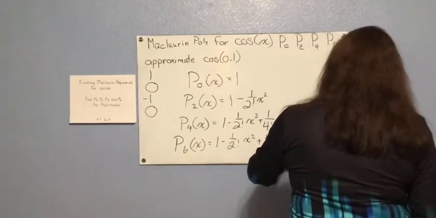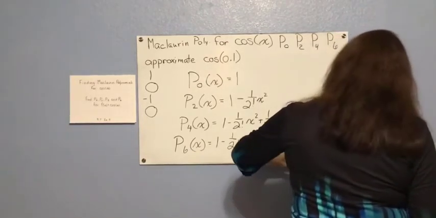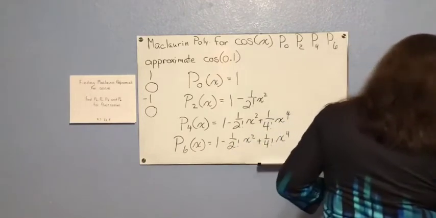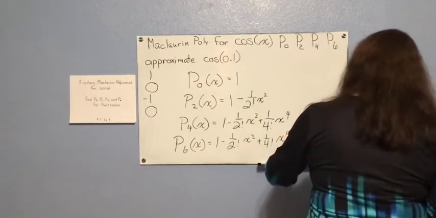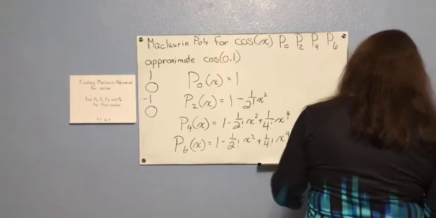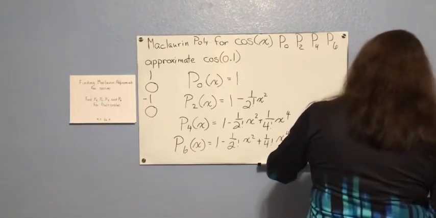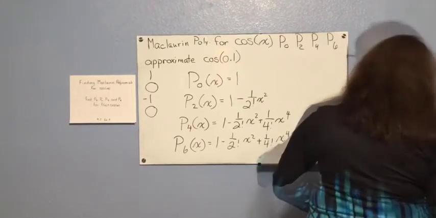And then our last part would be, not plus, minus 1 over 6 factorial x to the 6th.